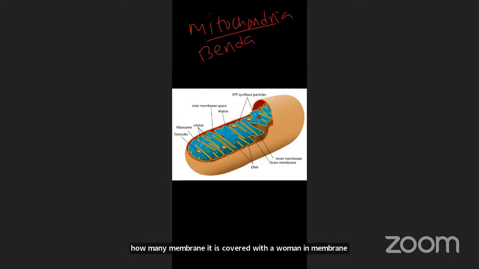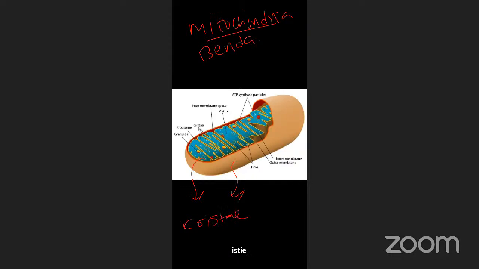The outer one, and the inner membrane shows folding, called cristae. The space between the outer and inner membrane is called the intermembrane space.